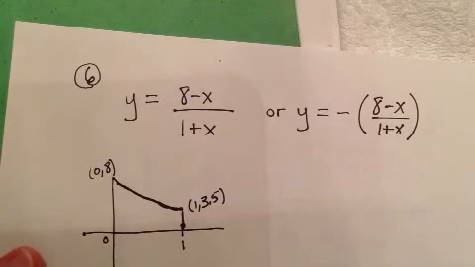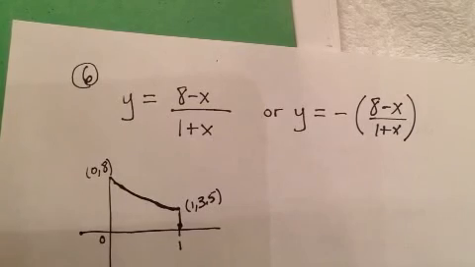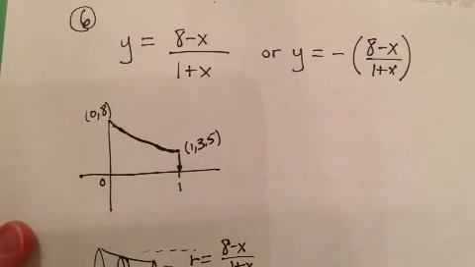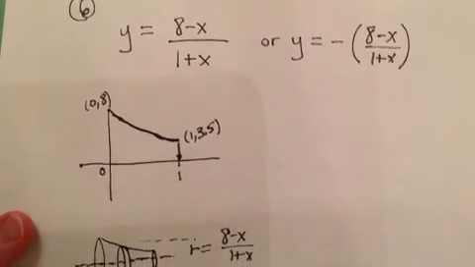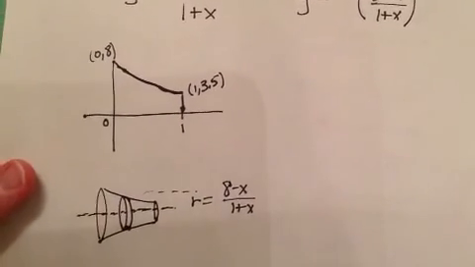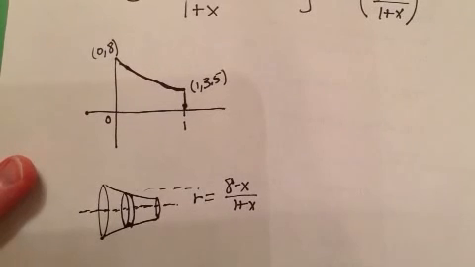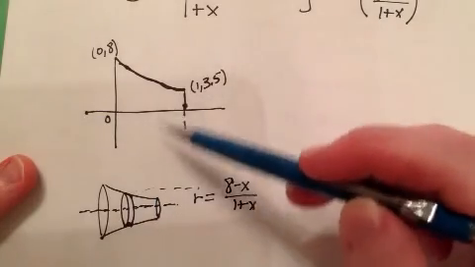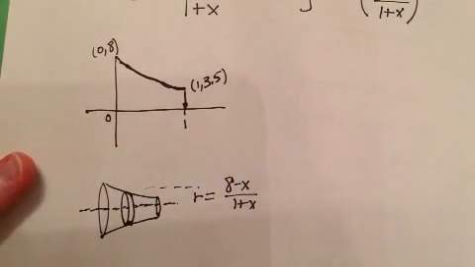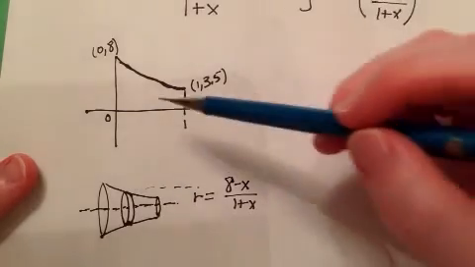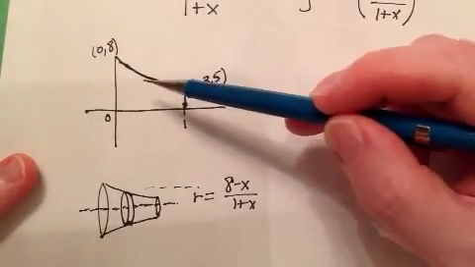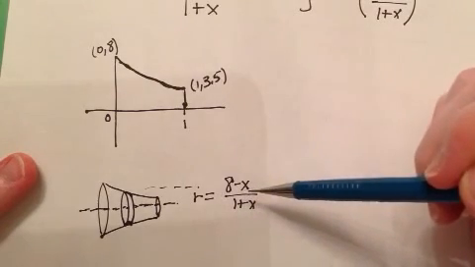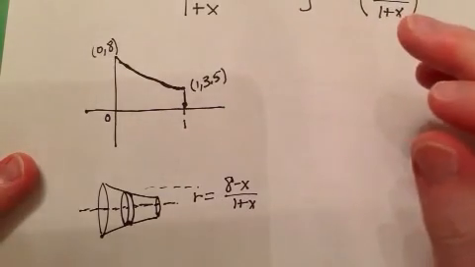For the solid that is going to be formed, again we have continuous contact with the x-axis, so we can use the method of disks. For the three-dimensional counterpart, rotating about the x-axis, the ratio (8 minus x) over (1 plus x) is the height of the two-dimensional graph, which becomes the radius.